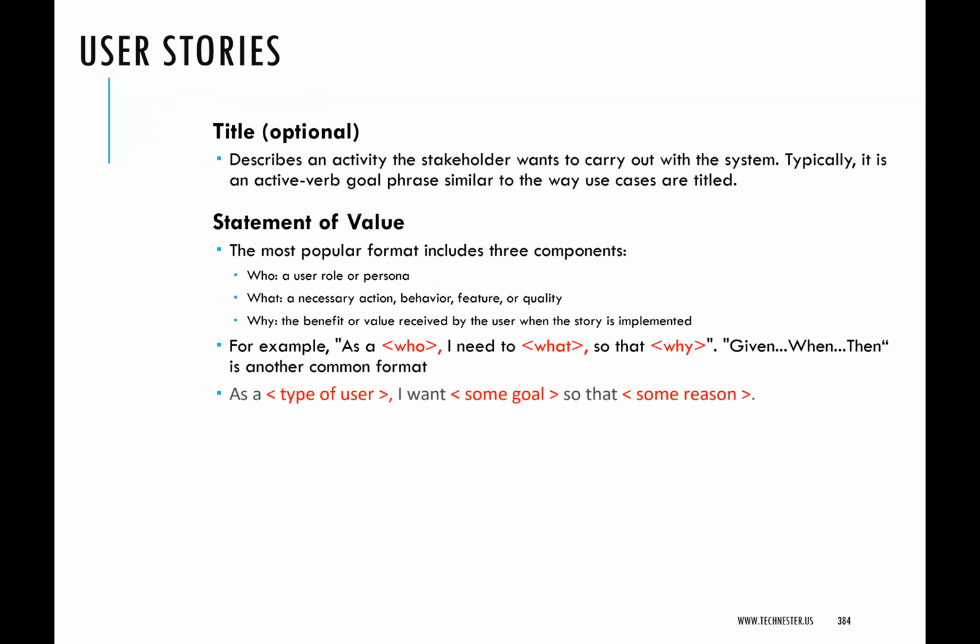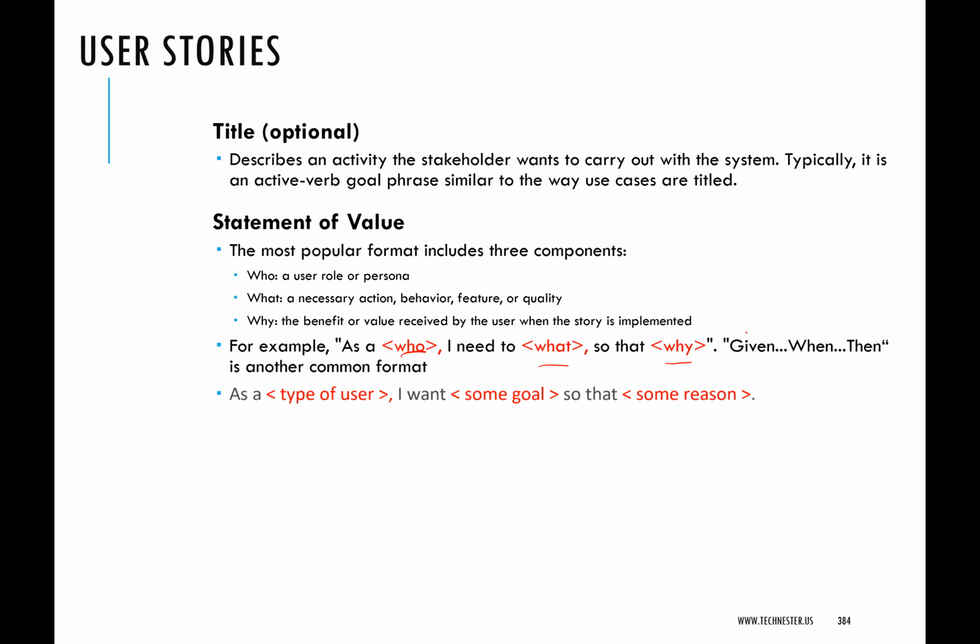Your user story will tell us who wants to do what and why. So it's telling us the stakeholder and the functional requirement they have and the business need that functional requirement will fulfill.